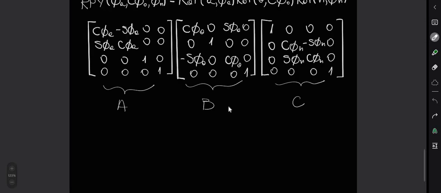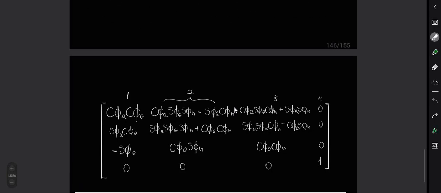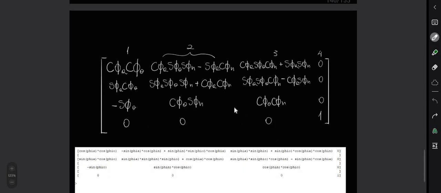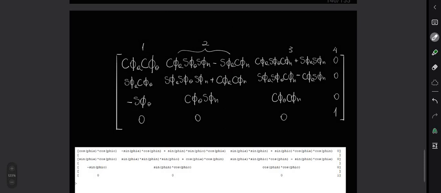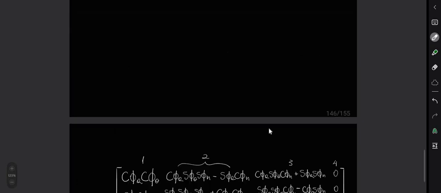What was important was to see that multiplying these three matrices evaluates this matrix, which represents roll, pitch, and yaw, the angles. So this is the roll, pitch, and yaw matrix. This is all that we did in the last video.